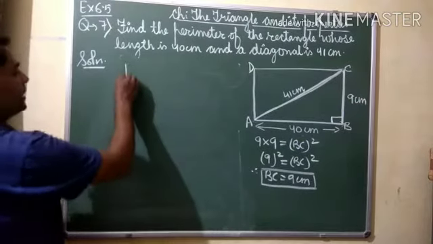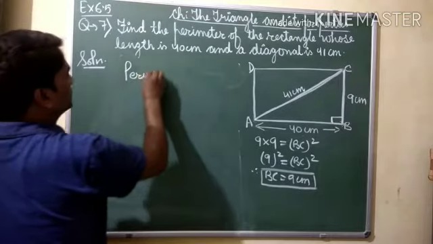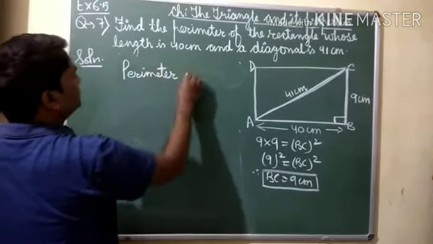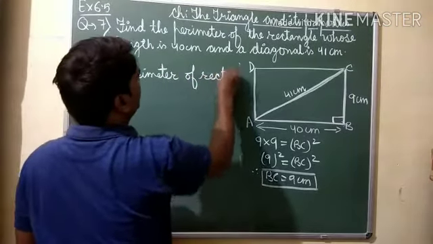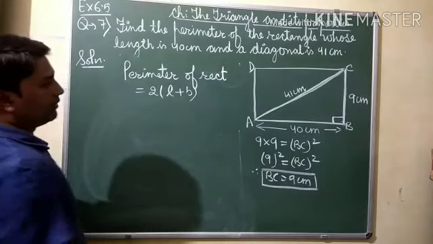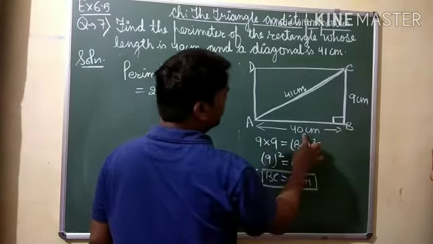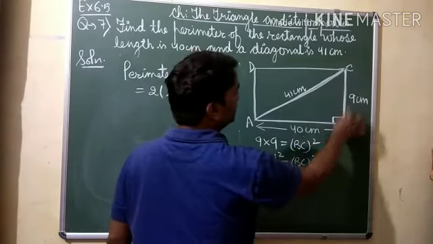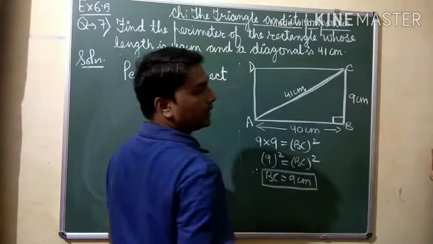Now perimeter of rectangle is equal to two multiply length plus breadth, where length is equal to AB, which is equal to 40 centimeter, and breadth is equal to BC, which is equal to 9 centimeter.